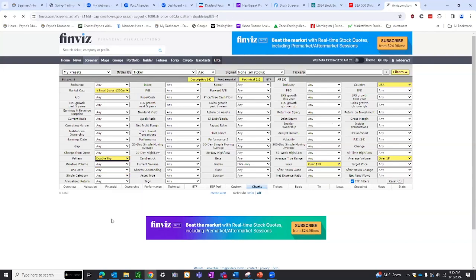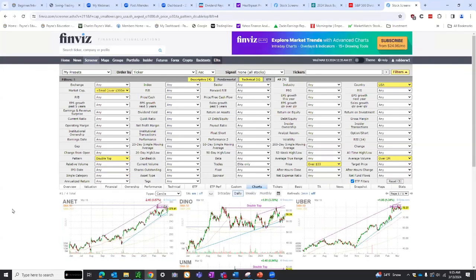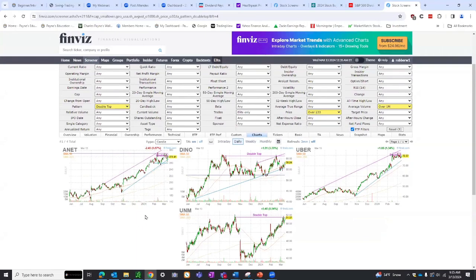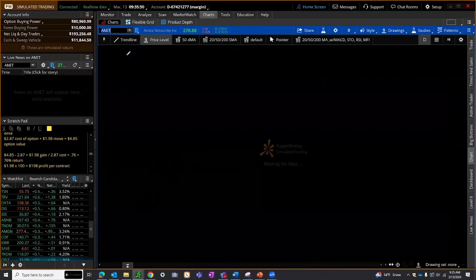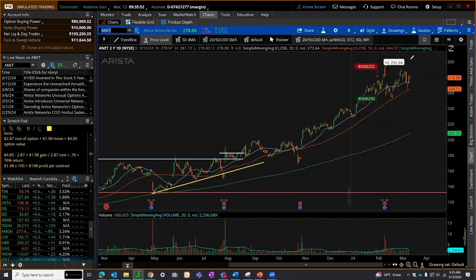It's tough to get. Here we go. Oh, ANET. Okay, that could be. Uber, maybe. Very strong trends. Let's take a look at ANET and Uber. All right, I can see that double top.